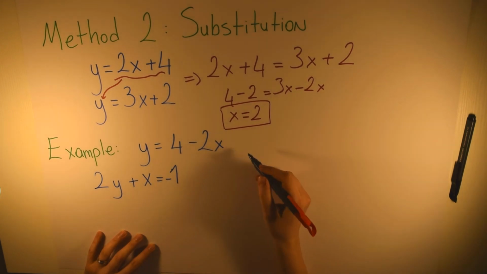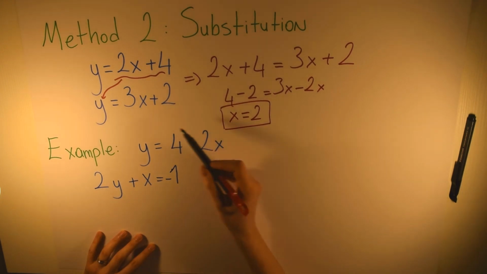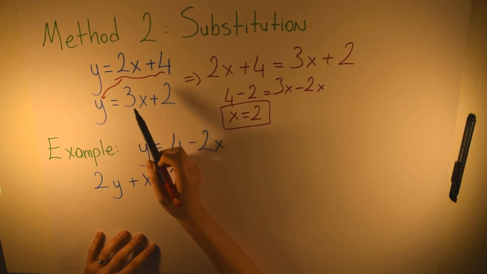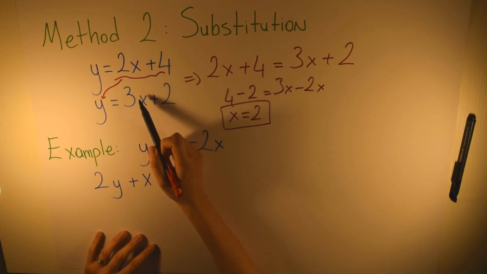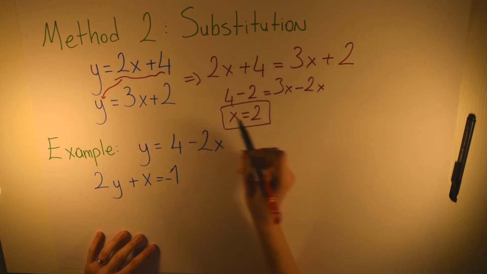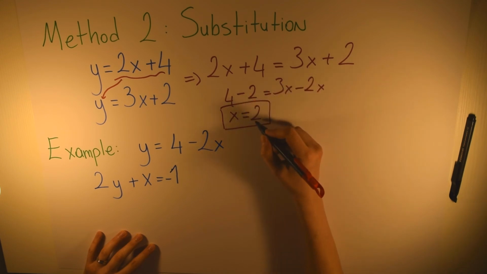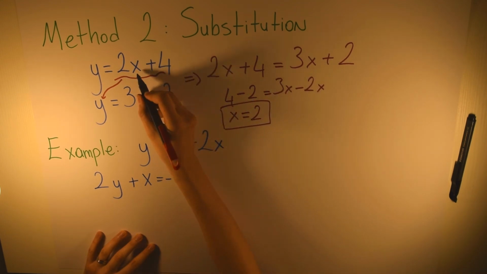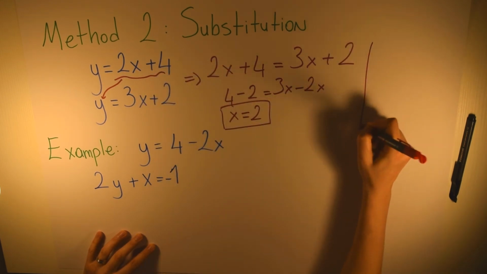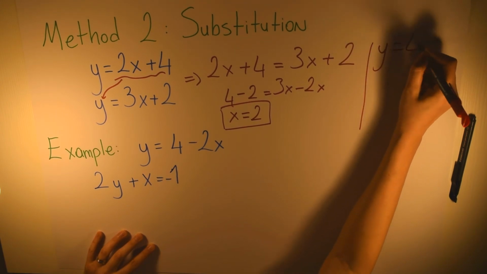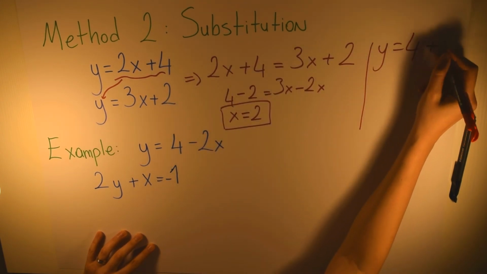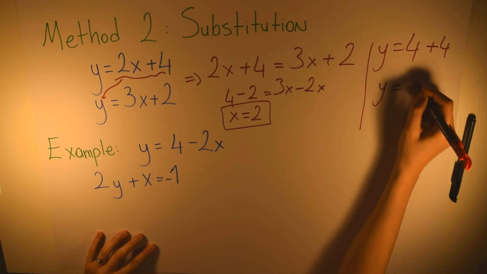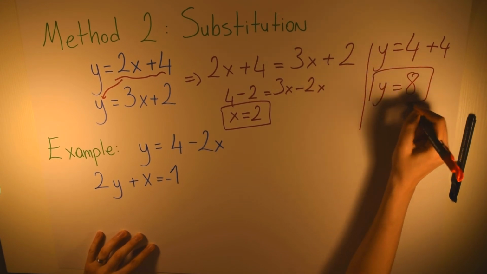Okay, so after that, to determine the y value, we insert our x value in any of these equations. Let's do this here. So our x is 2, so 2 times 2, it's 4. Okay, y is equal to 4 plus 4, and y is equal to 8.